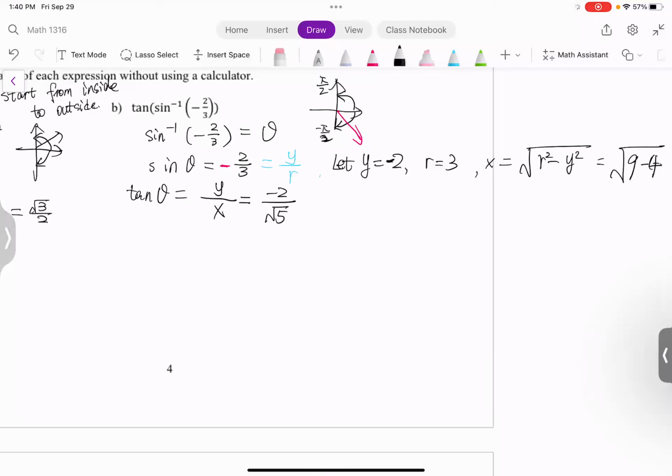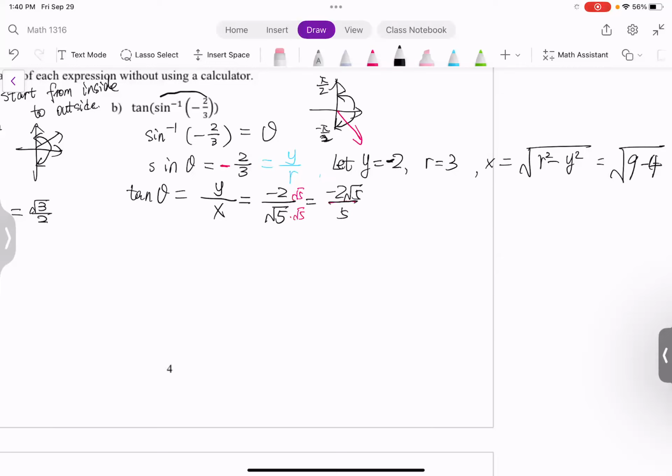And rationalize this one. Multiply by square root of 5 top and bottom. We have negative 2 times square root of 5 over 5. So we found the tangent theta, which is negative 2 square root of 5 over 5. Okay, let's do the conclusion.